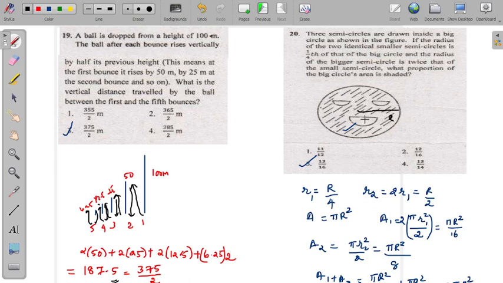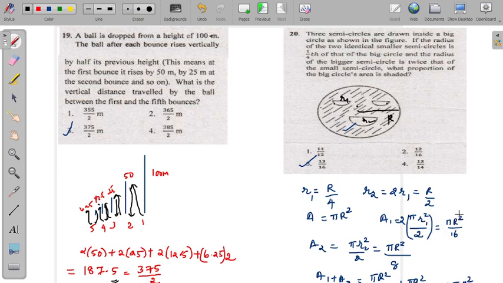R2 radius, that means this radius R2, this is your R1 and this is capital R. R2 is 2 times the radius of these smaller circles, that is R by 2, because when you substitute R1 as R by 4. Now area of the biggest circle is pi R square. The area of these two smaller semicircles together, that is 2 times pi R1 square divided by 2, because they are semicircles.